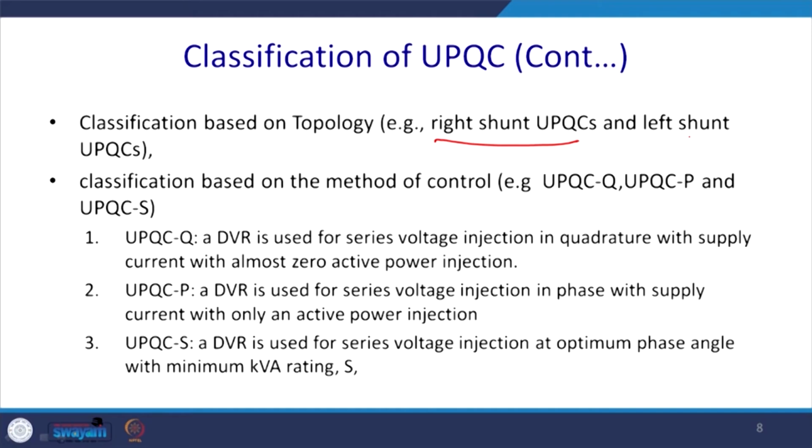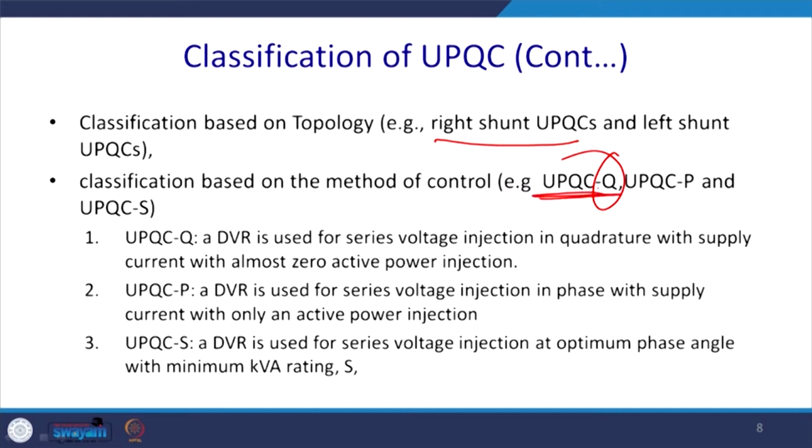Then we can have a classification of the UPQC based on the control of this UPQC, that is, if it just compensates the reactive power, it has to act as an over excited synchronous generator.